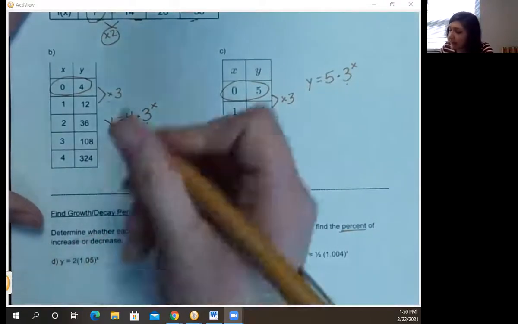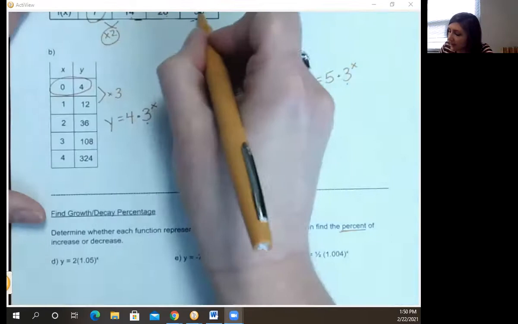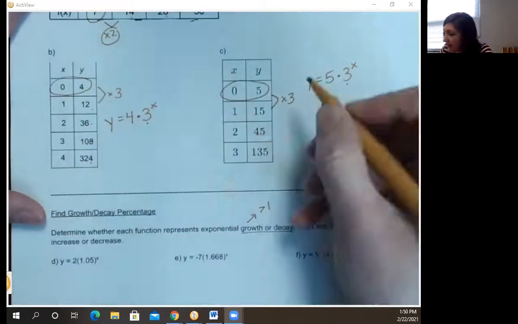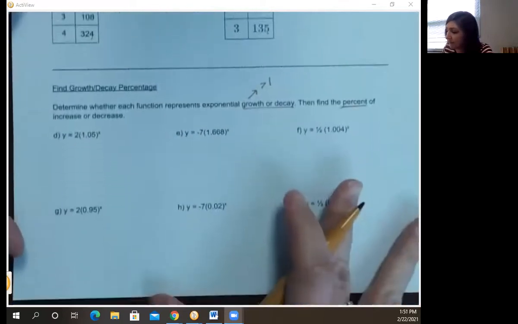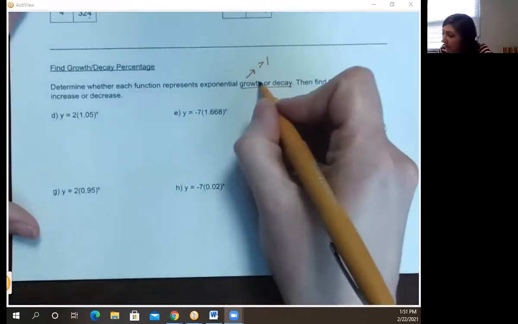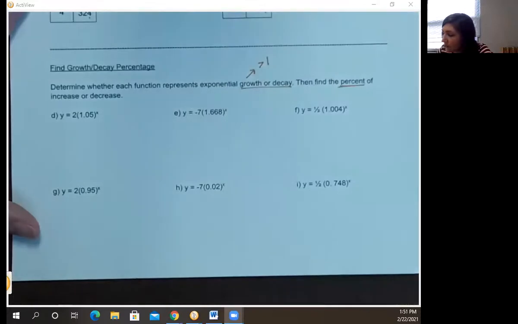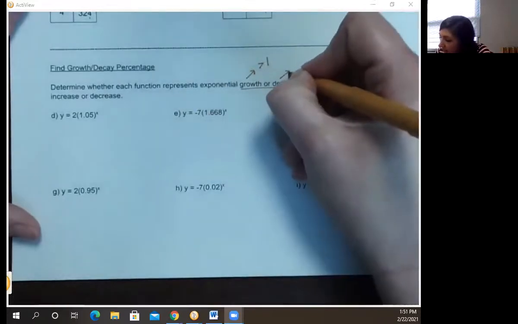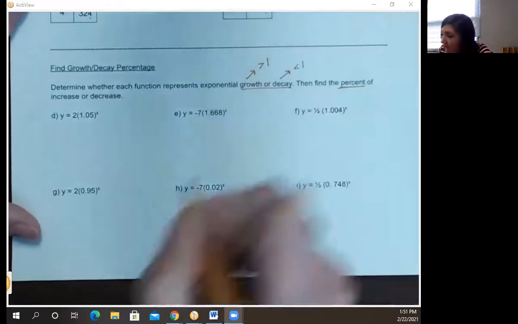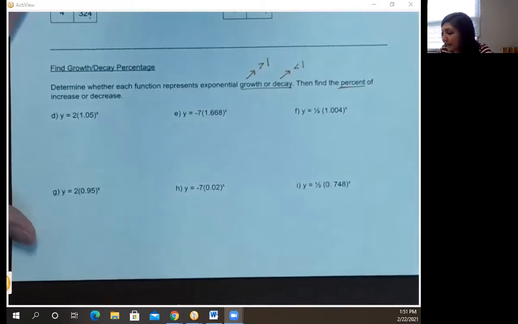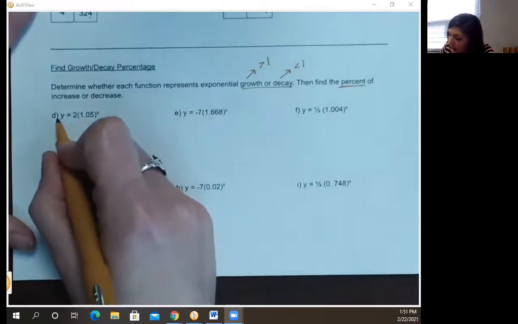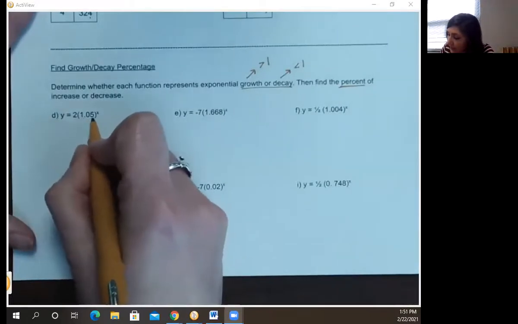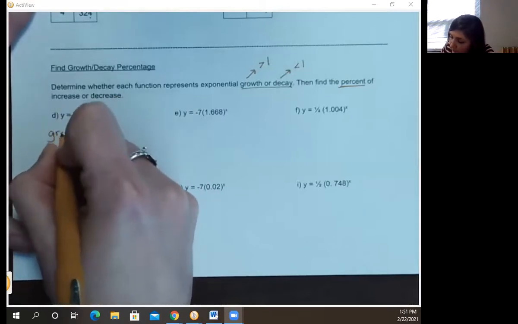That should make sense because every time our y value got bigger, as our x value increased, so did our y. So we were growing our functions. So if the base for my exponent is greater than 1, that's growth. If the base for my exponent is less than 1, that's decay. Okay. So if I take a look at my problems here, for D, the base for my exponent is greater than 1, so this is growth.